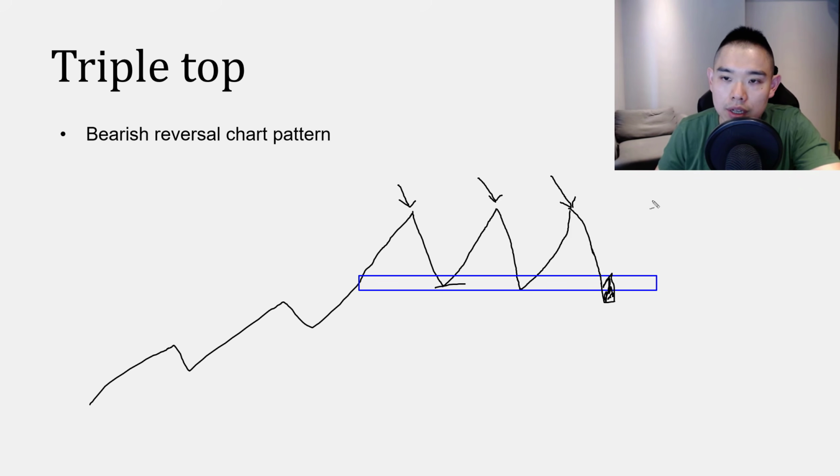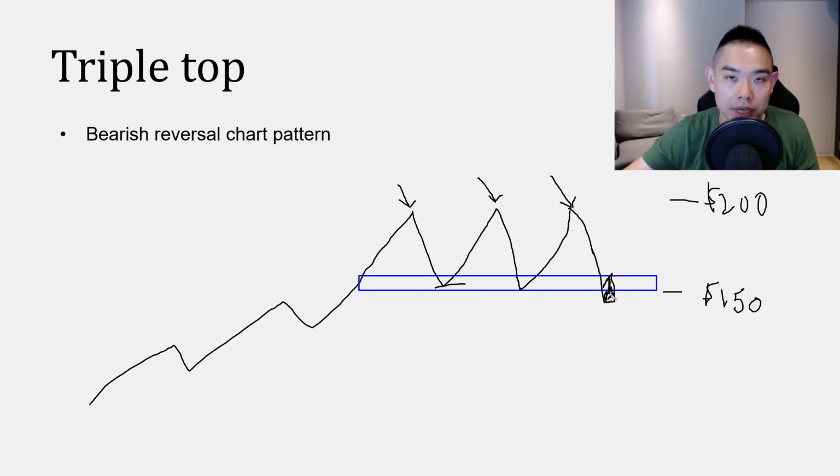So let's say, for example, the highs over here are $200. And let's say the low of this neckline is, for example, $150. Now, quiz time. If the market breaks below this neckline, where could you project this pattern to terminate at? I wouldn't say officially, but where the technicians will say that this price projection could complete.